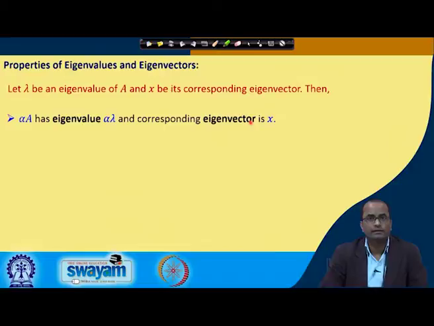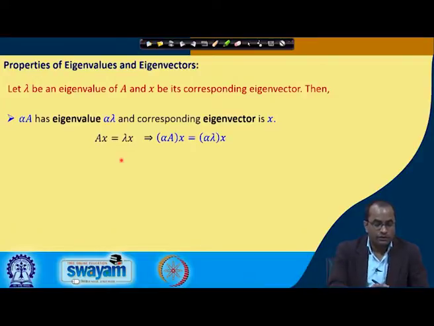This property we can easily verify. So, here A x is equal to lambda x, that is the relation we have for eigenvalues and eigenvectors. If we multiply by alpha on both sides, we get alpha A x equal to alpha lambda x, where we are treating alpha A as a matrix.